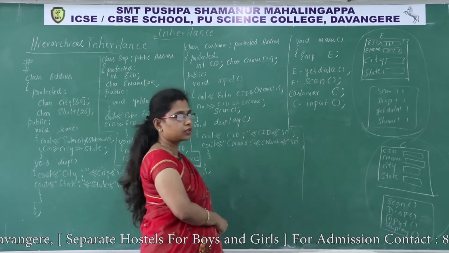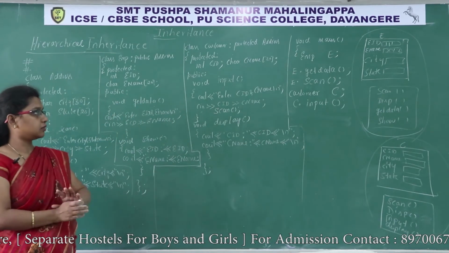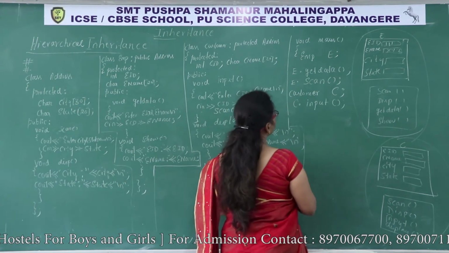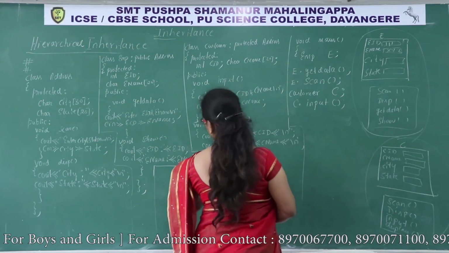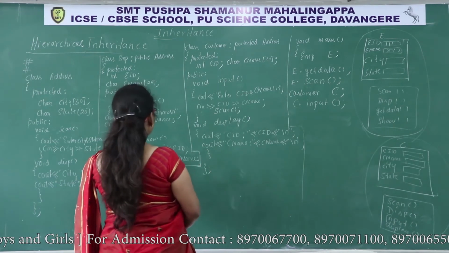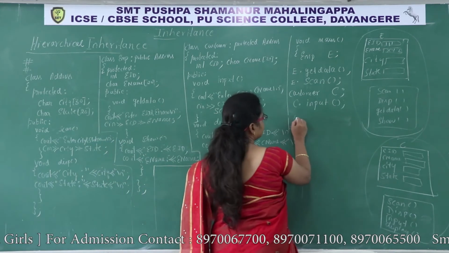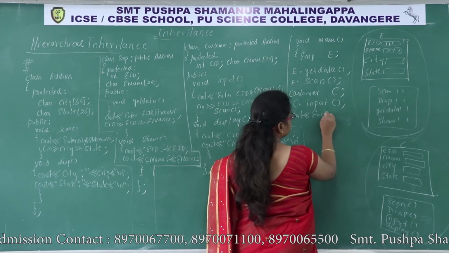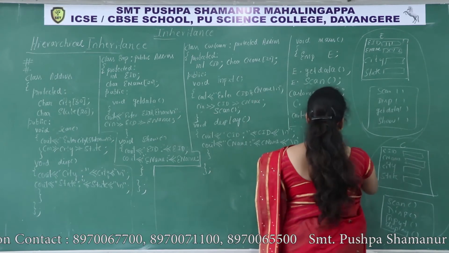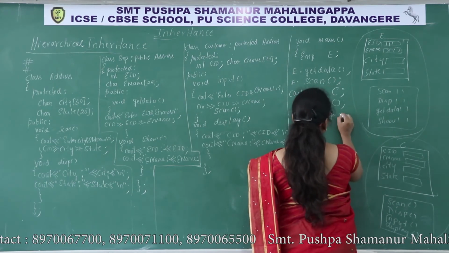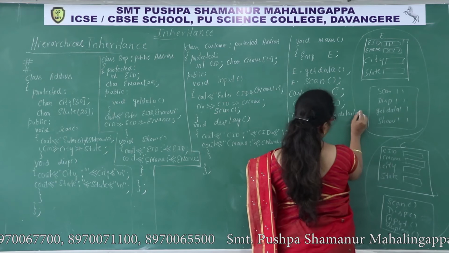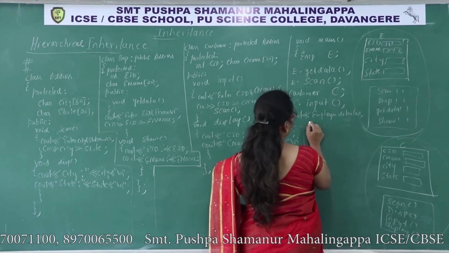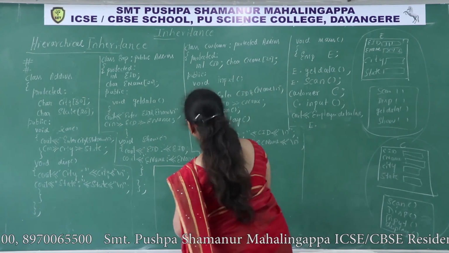Okay, and here I want to display employee details now. How to display? There is a function called show function. It displays employee ID and employee name. Cout, insertion, employee details, E dot show.